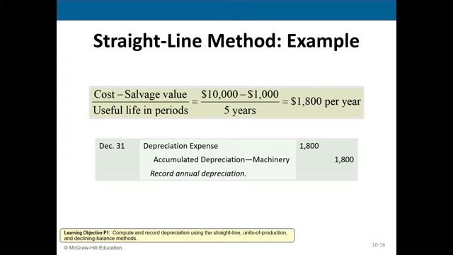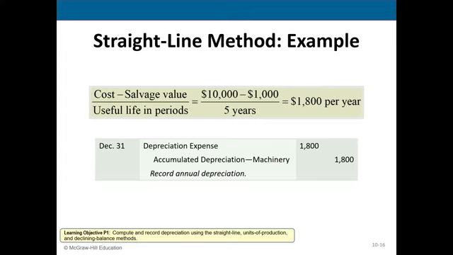So for every year, for a total of 5 years, I'm going to record this exact adjusting journal entry at the end of each year. So end of this year, debit depreciation expense, $1,800, and credit accumulated depreciation for machinery, $1,800.